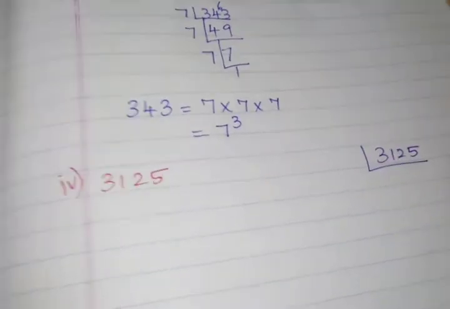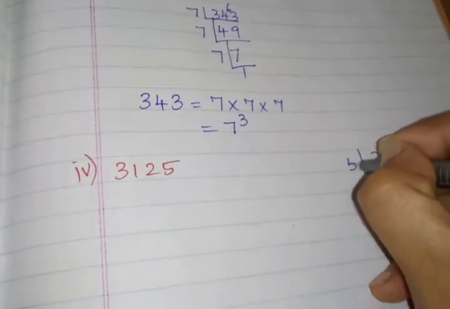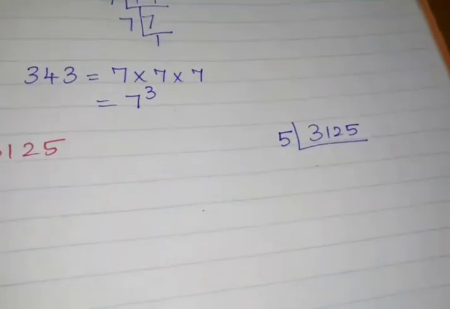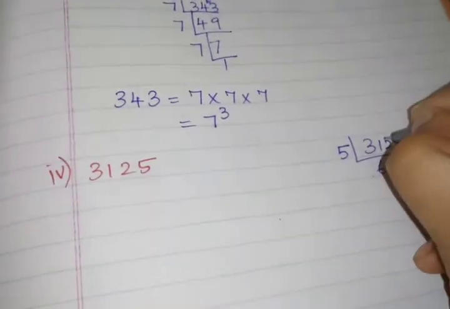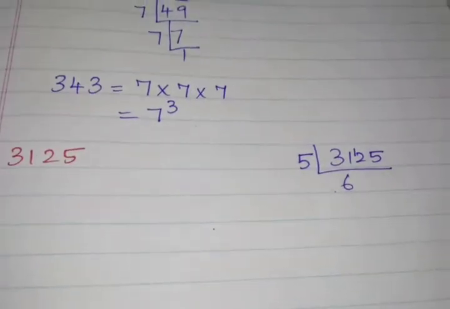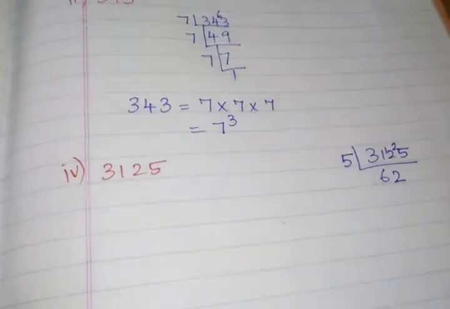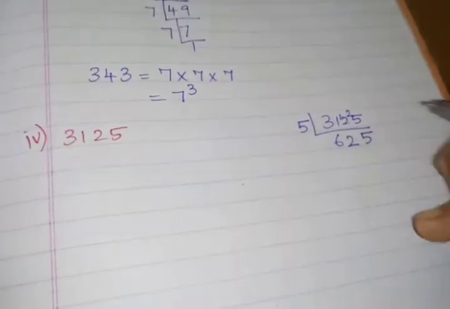3125. I should do the prime factorization. First, you will start with fifth table because the last digit is 5. Right? It comes in fifth table. 6 5s are 30, remainder 1. So 2 has become 12. 5 2s are 10, remainder 2. 5 has become 25. 5 5s are 25.